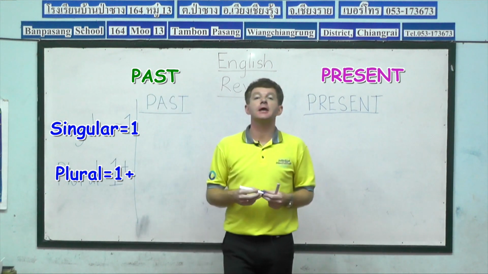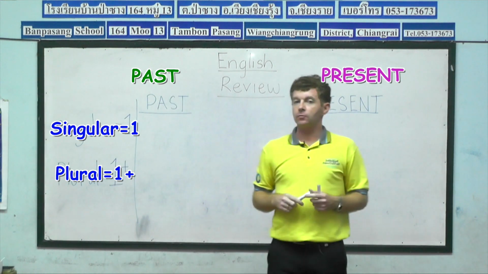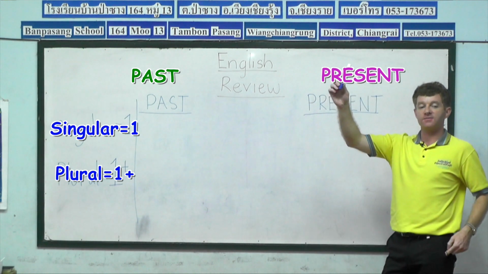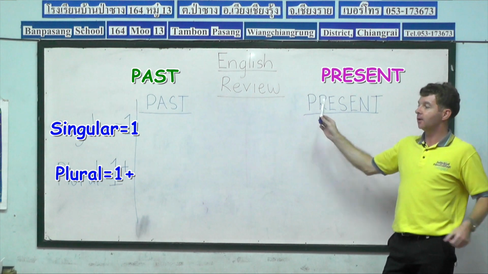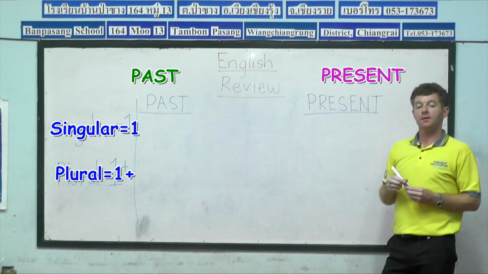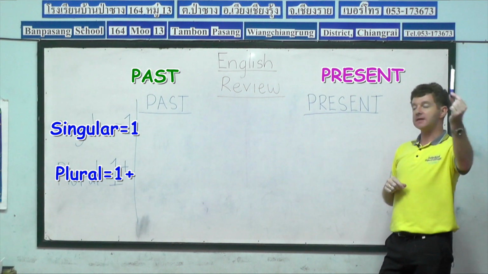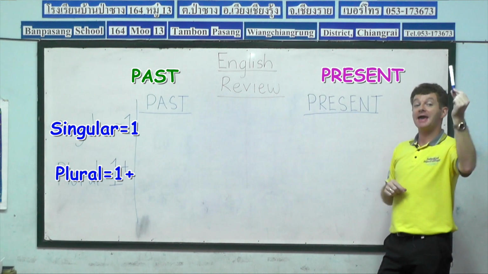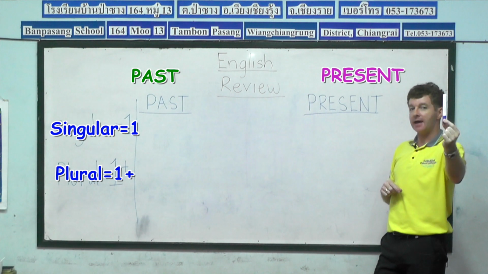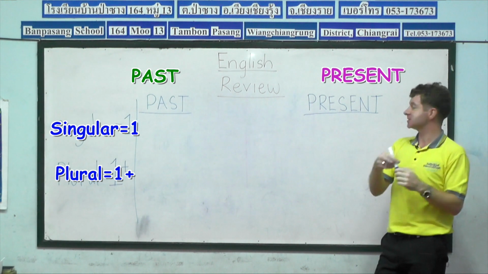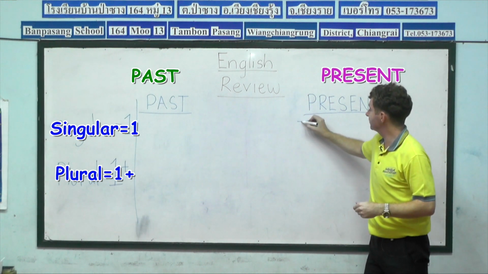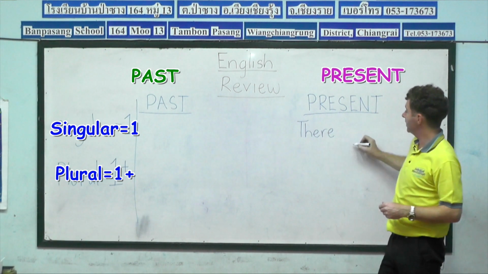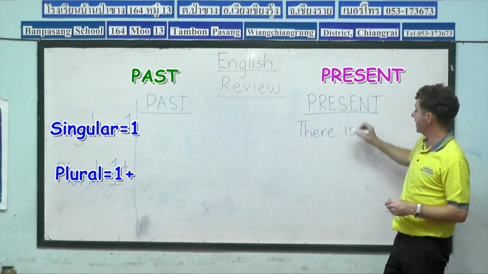Okay, so I think it will be easier to do the present tense first. So, one object in the present tense, guys, what do we say? There is. Okay? Present tense, single object, T-H-E-R-E-I-S.